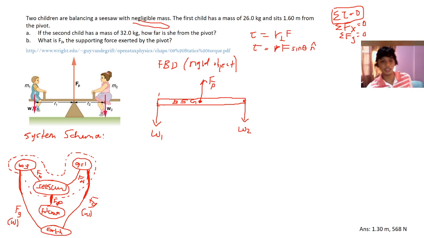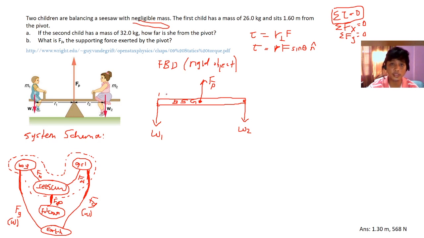You will always get the same result. And I think it makes sense because the object will not have an angular acceleration anyway, it will not rotate anyway. So it doesn't matter where you place your axis of rotation.